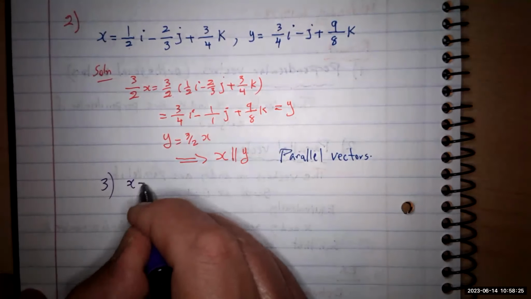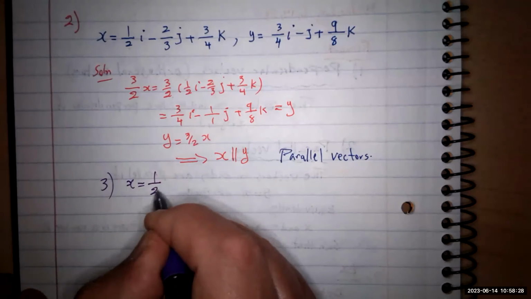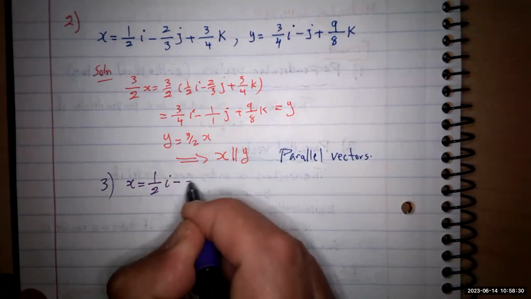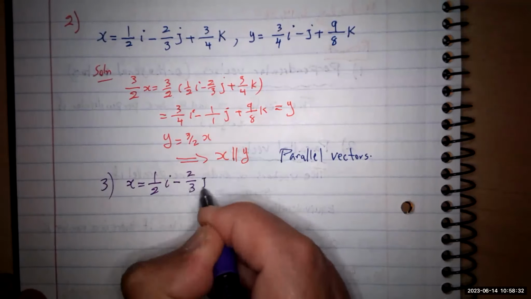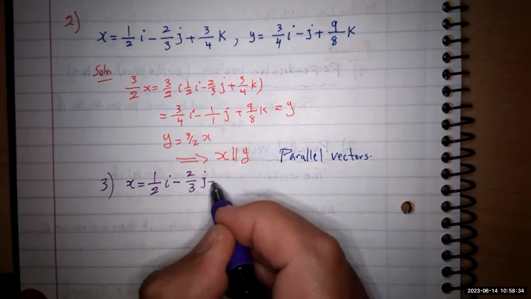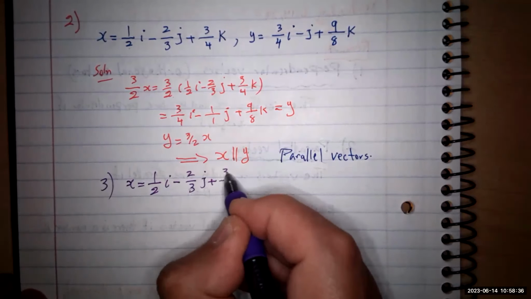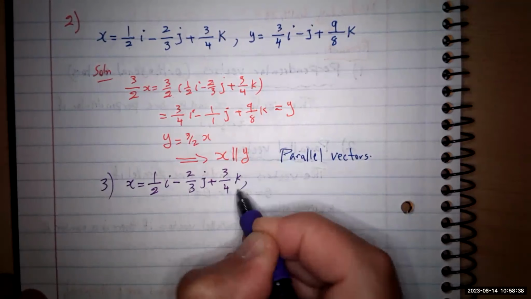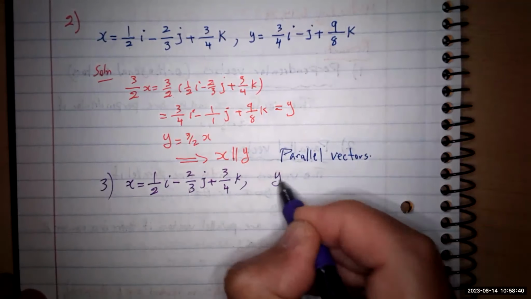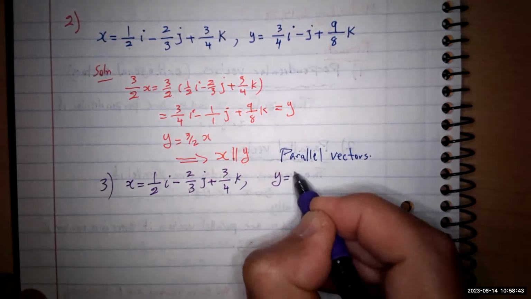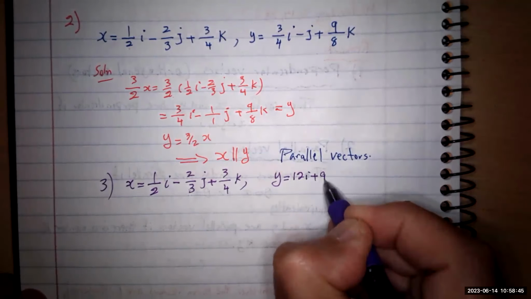Just x is equal to 1/2 of i, minus 2/3 of j and 3/4 of k. And the second one is something like 12i plus 9k.